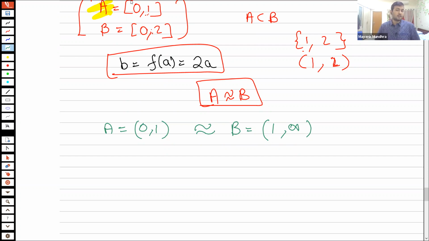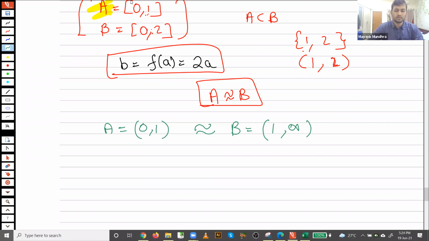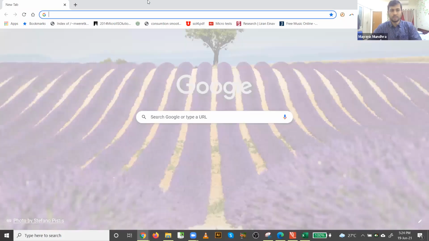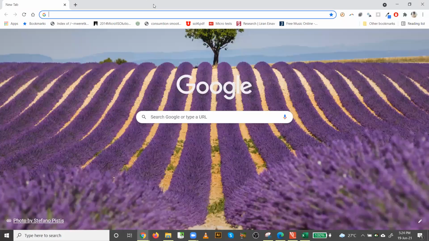Can you think of a function which is one-to-one onto from A to B? So give me a function which is one-to-one onto A to B.